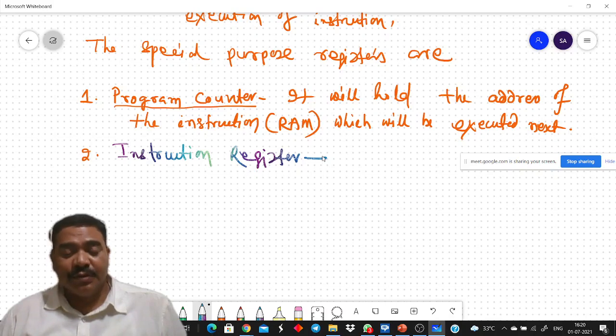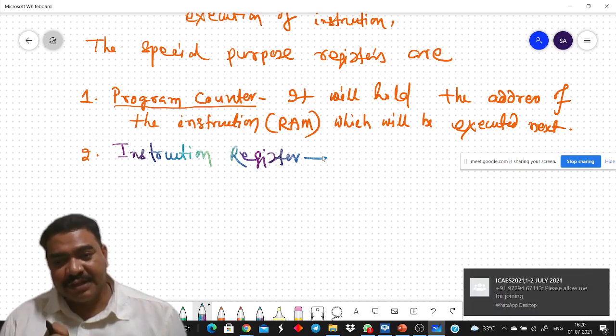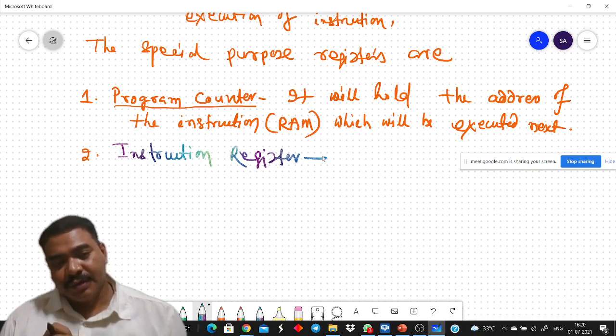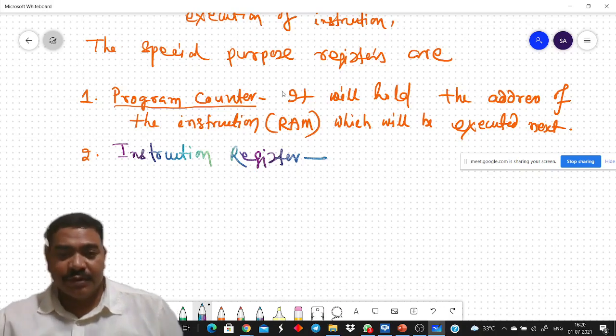When an instruction is fetched from the primary memory to the CPU, the CPU keeps the instruction inside the instruction register. Understood?